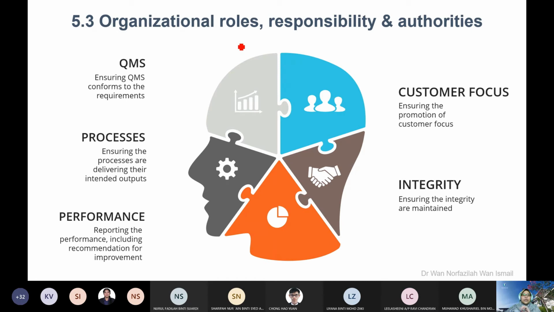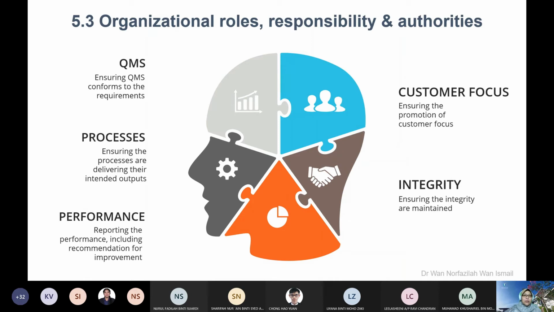The leader should ensure the quality management system conforms with the requirements. How to ensure this? The leader should know every requirement, not only the standard requirements, but also the requirements of the lab: the raw materials, the person in charge, the instrument, the resources for the laboratory.